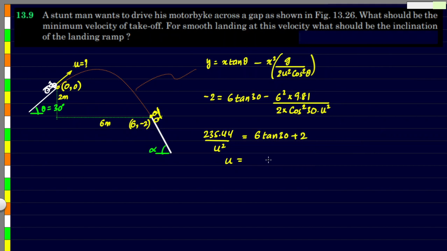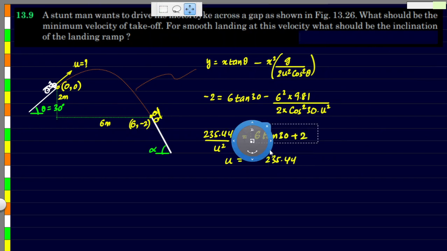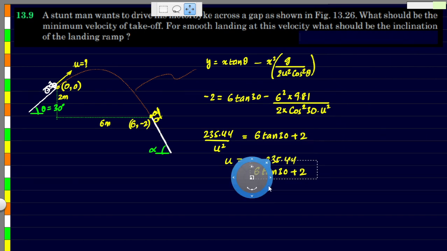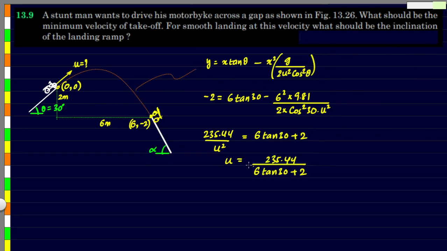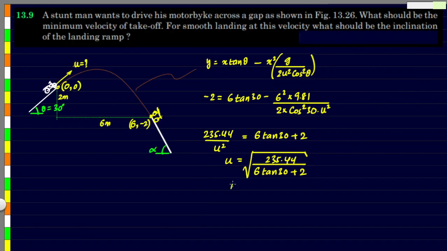It's going to be 235.44, and then this value comes in the denominator, and we have to take the square root of this. Feed it in the calculator, and we're getting a value 6.56. So u value is 6.56 meters per second.